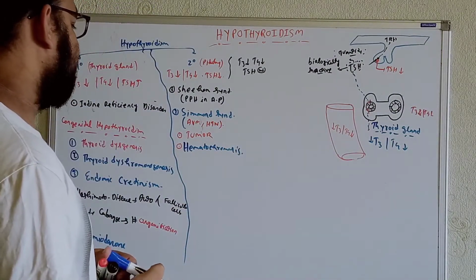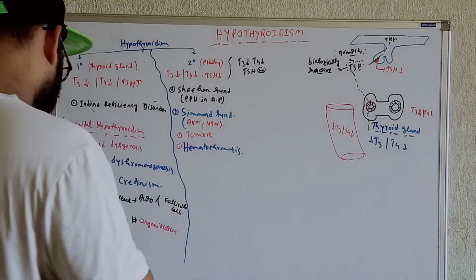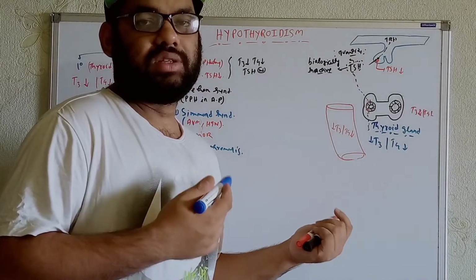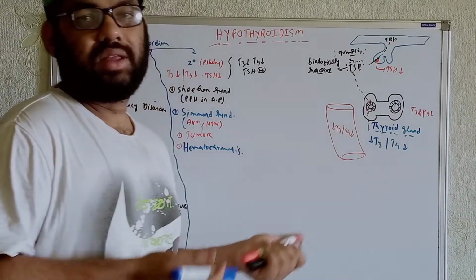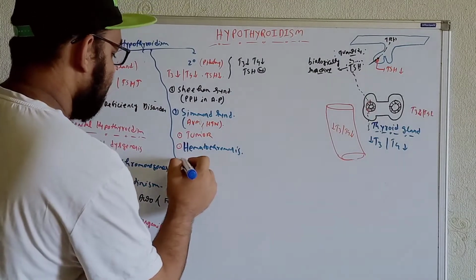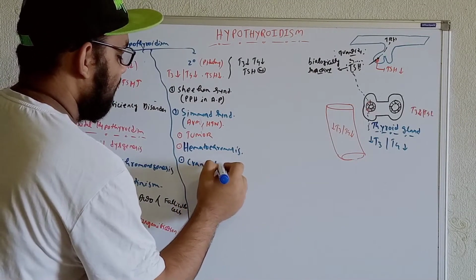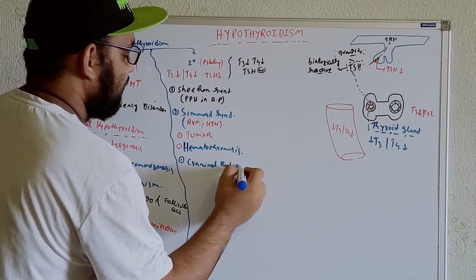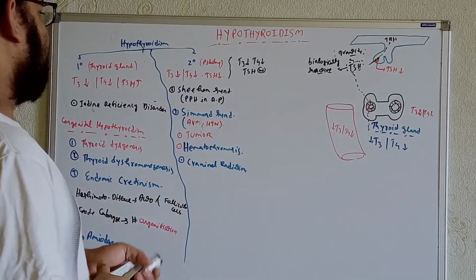And if, for any reason, we need to do cranial radiation, such as a CT, or use radiation within the cranium, there is a chance of developing a pituitary problem, and that can also cause secondary hypothyroidism.